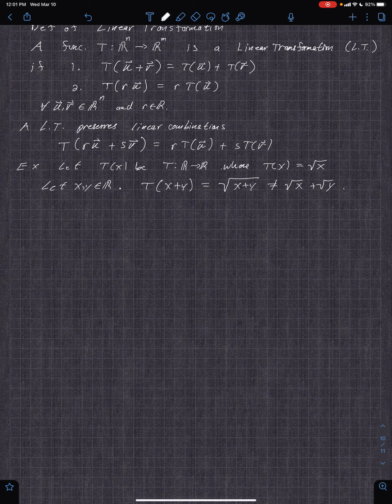Therefore, the square root of x is not a linear transformation. So that's how you would start it to show it. You got to show both 1 and 2, which will be something we do. So therefore, T is not a linear transformation. Okay, so that's what we'll be doing. Let's go ahead and break, and we will do a couple more examples after that.